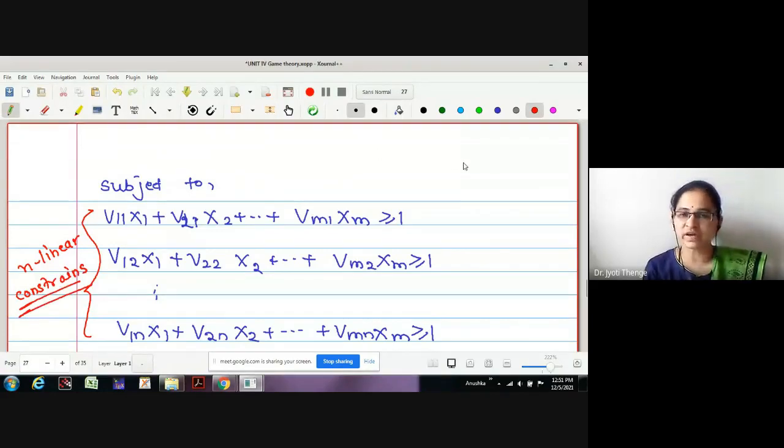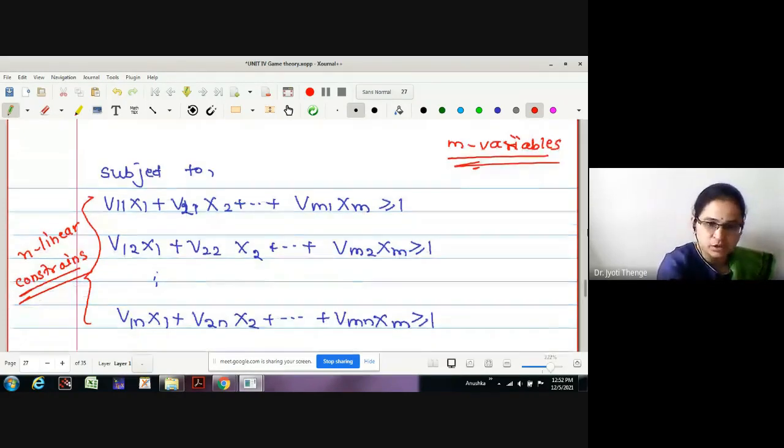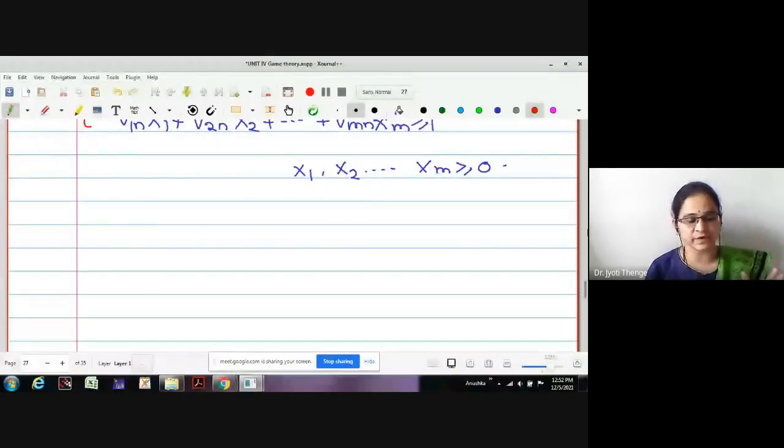How many original variables do we have? M variables, no? Then what will we do? We will solve this LPP with the usual simplex method, and finally we have to find the original values of the variables with resubstitution.